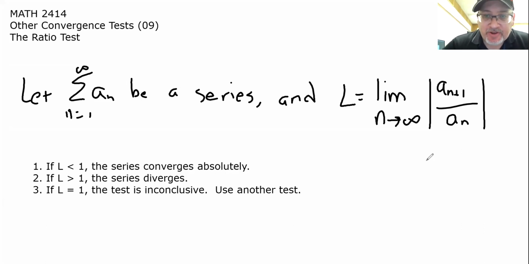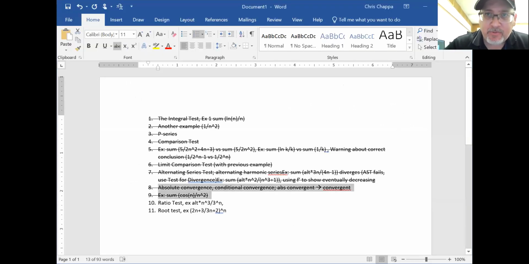The long answer, not that it really matters, but full disclosure, is I have a Word document that I'm sharing with you where I kind of keep my videos in order.